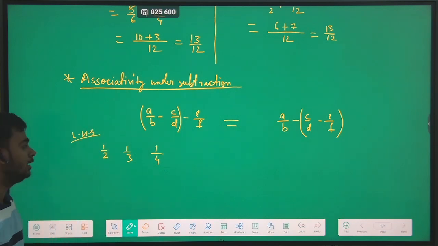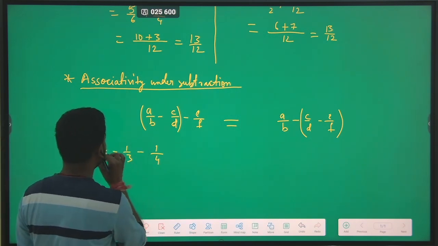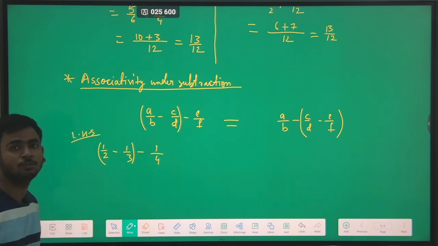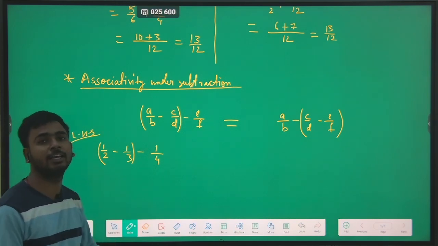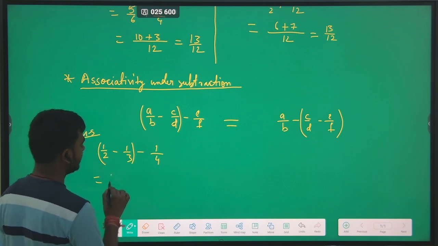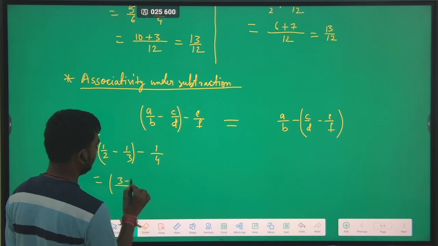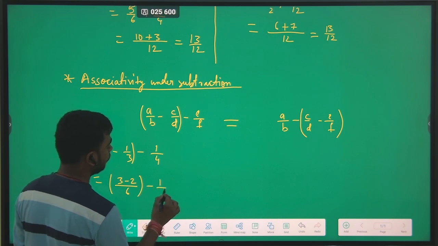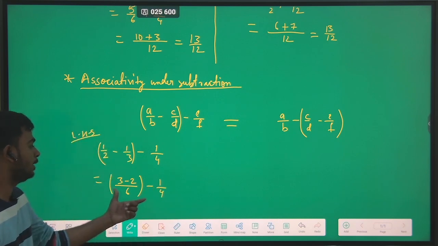For the left hand side, when we are subtracting these three numbers with parenthesis on the first two numbers, what will we get? The LCM of 2 and 3 is 6, so the value will be (3 minus 2) upon 6, minus 1 upon 4.